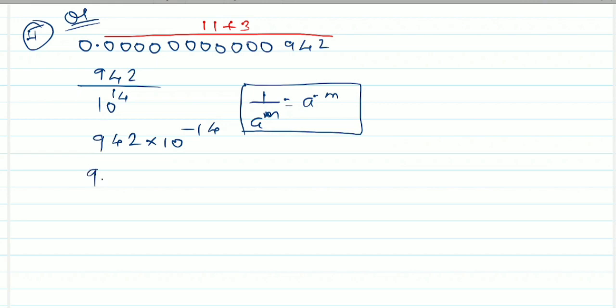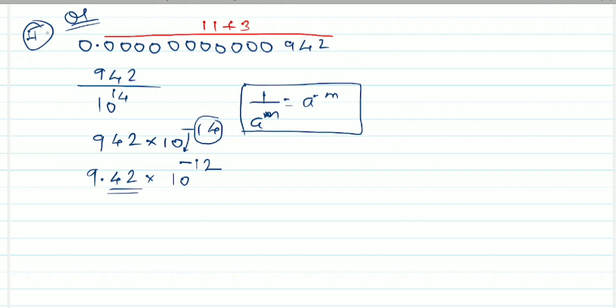Now, I have to give a decimal point here. There are two digits after the decimal point. So just subtract this 14 by 2. It will become 12 and give the sign as it is, minus. So this is the final answer. This is a simple method of solving the question. If you don't want to do all the steps, you can remember it like this also.